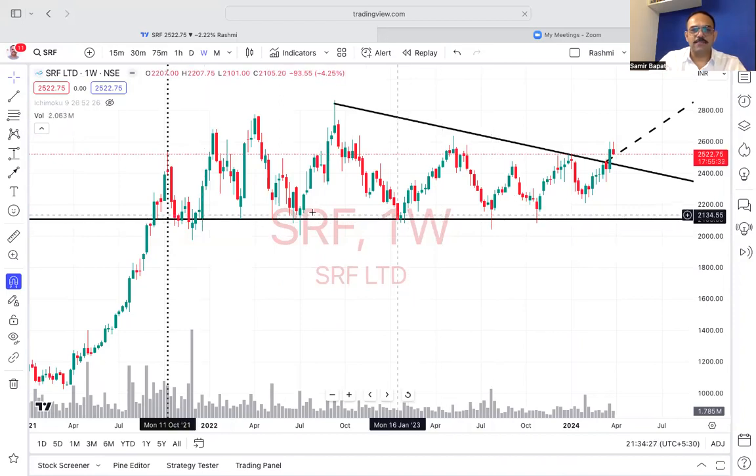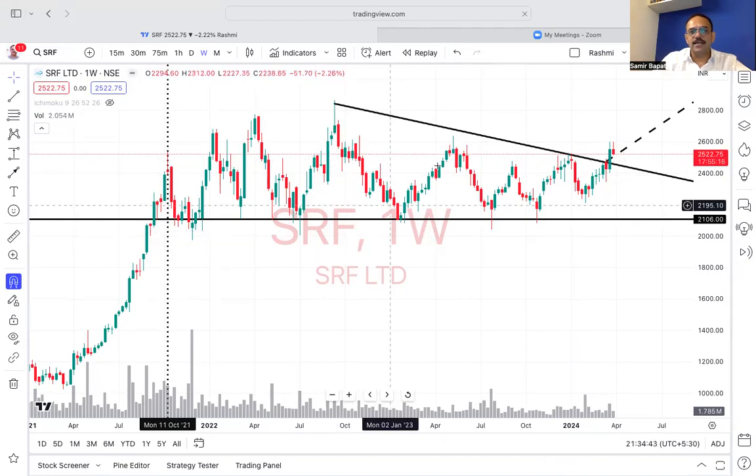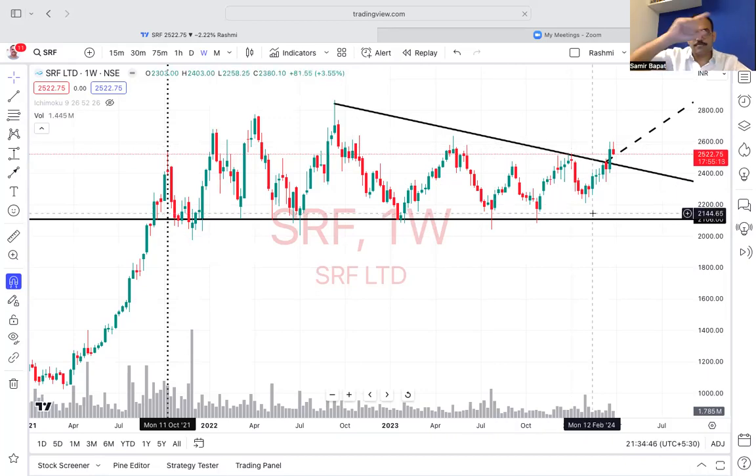Lows are at the same level. We have V shapes, and the highs are reducing every time. So highs are going lower, lows are at the same level, and we have clean V shapes forming.